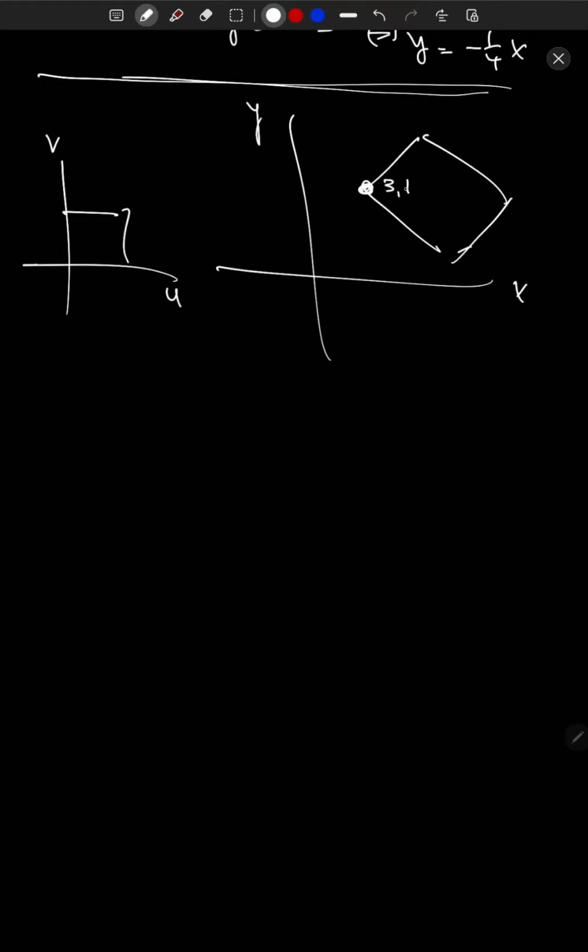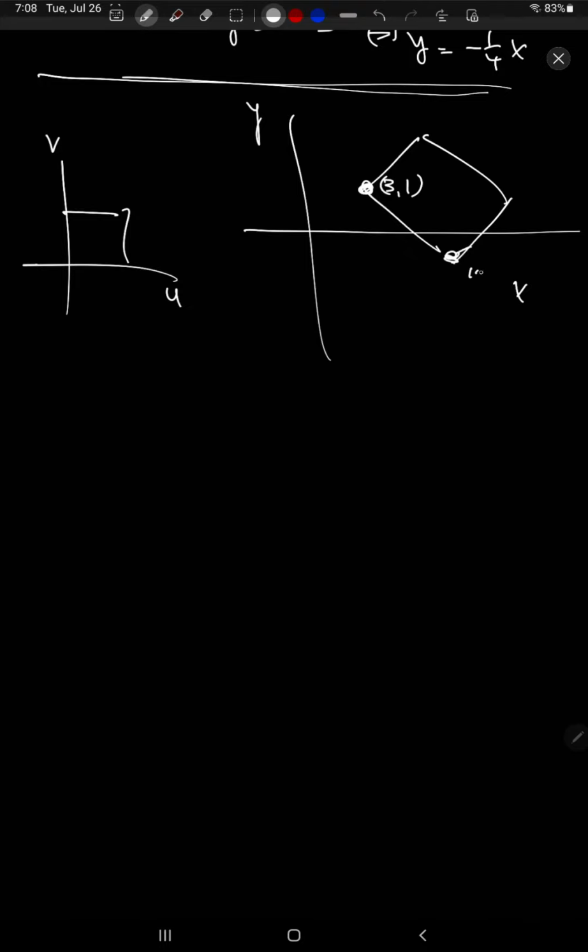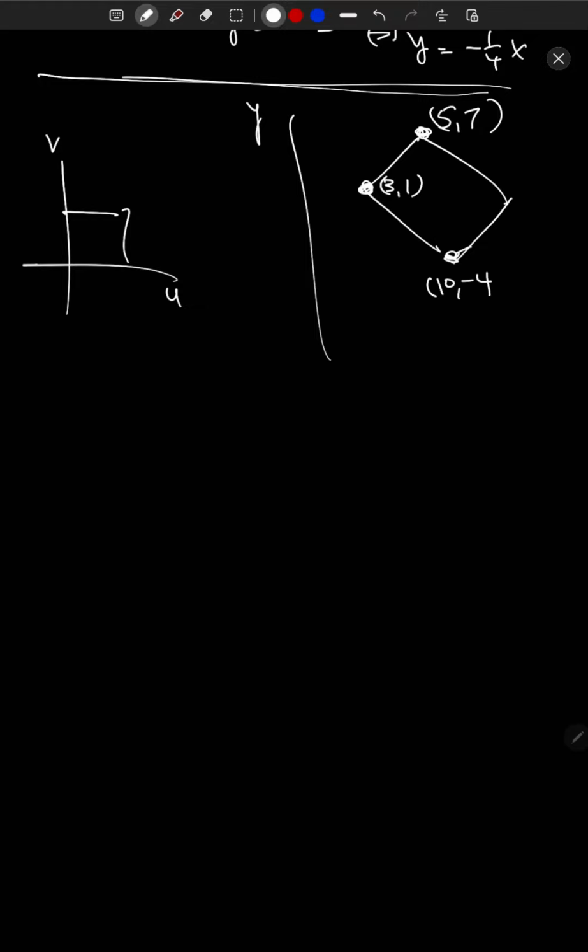Let me put some coordinates here: 3, 1; 10, minus 4; and 5, 7. That looks a little messy, so let me fix this. 10 comma minus 4. That's an x.